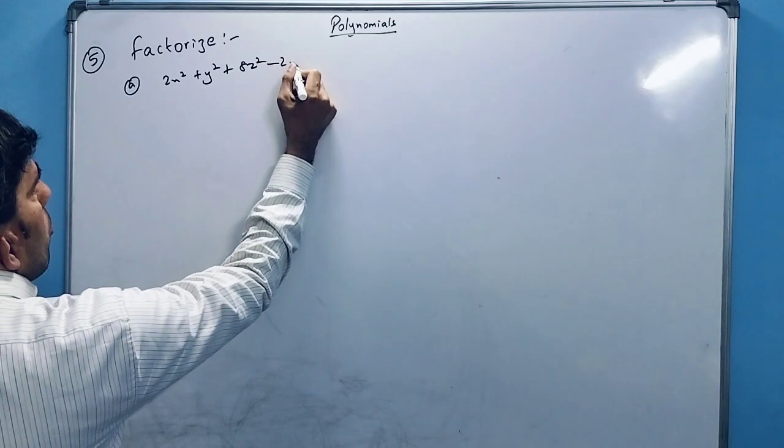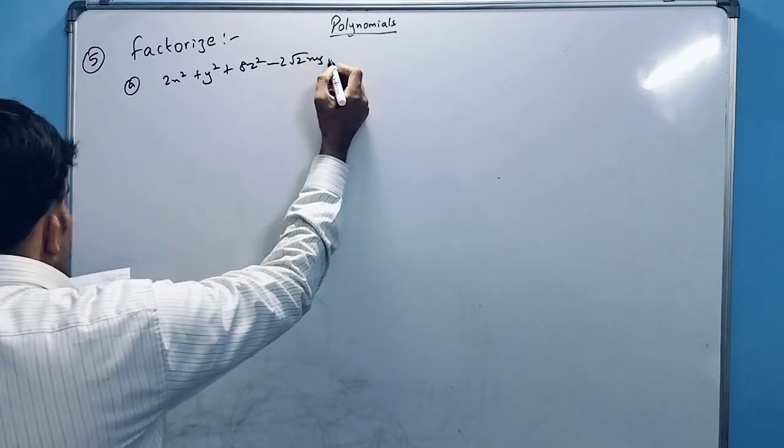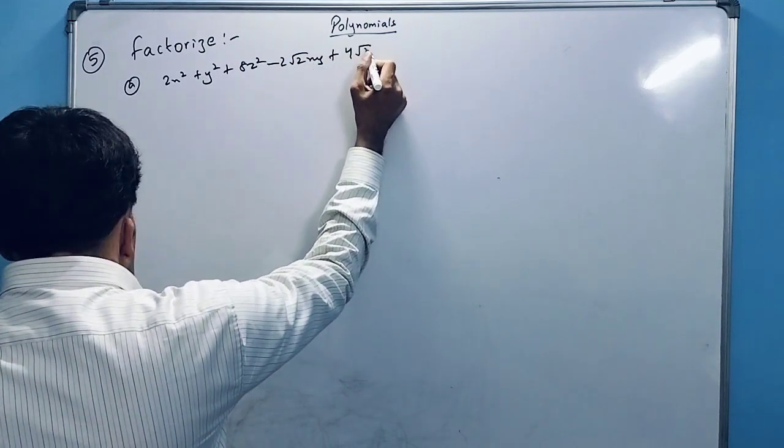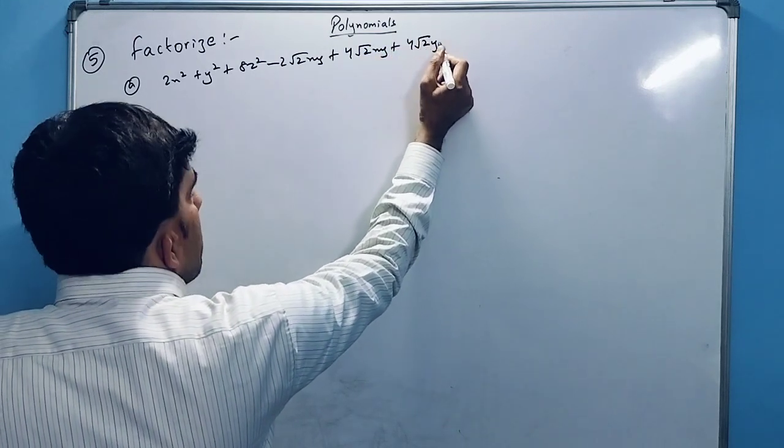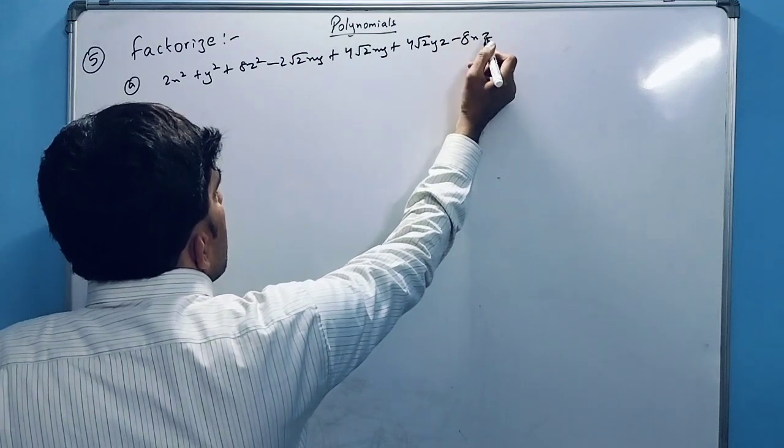Now the 5th numerical is that we need to factorize. The first one is 2x square plus y square plus 8z square minus 2 root 2 xy plus 4 root 2 yz minus 8xz.